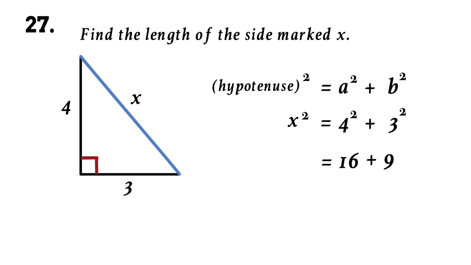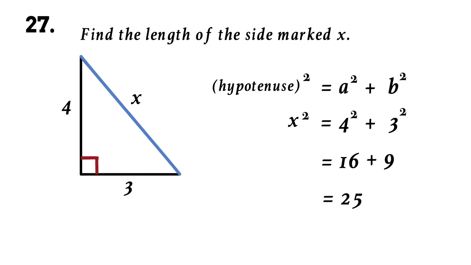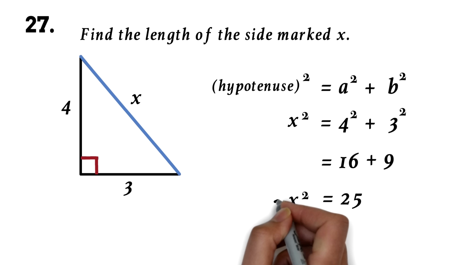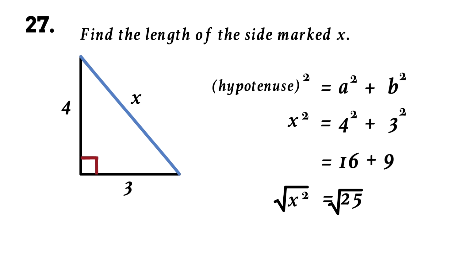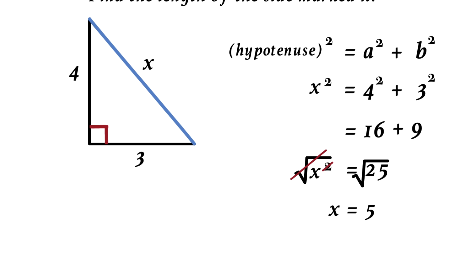We add them. 16 plus 9 is 25. To find x, we will find the square root of both sides. This will cancel out. Square root of 25 is 5. Therefore, x equals 5.